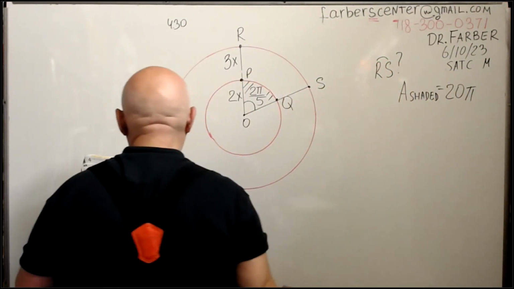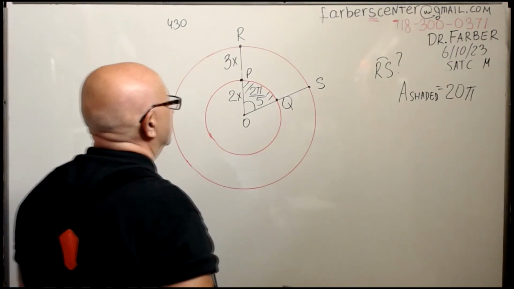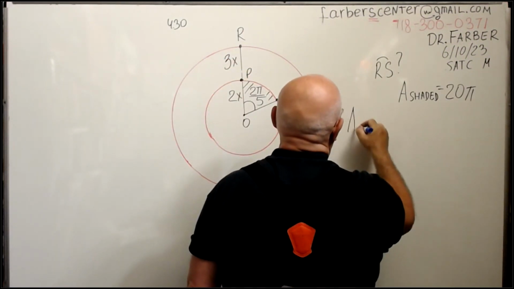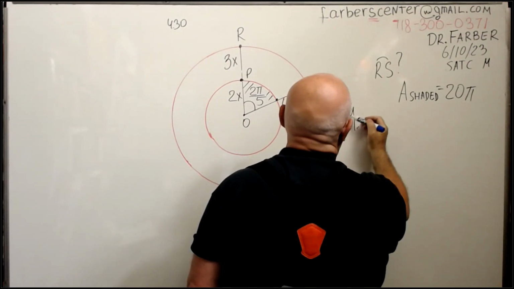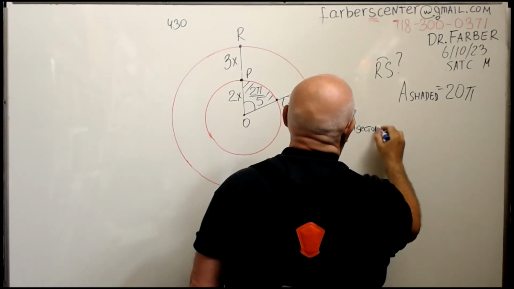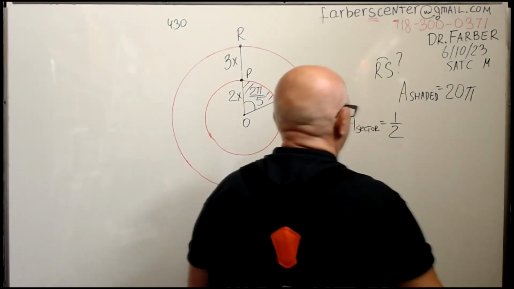Well, how to find the area of a sector? Generally, a very important formula. Area of sector equals 1 over 2 r squared theta.